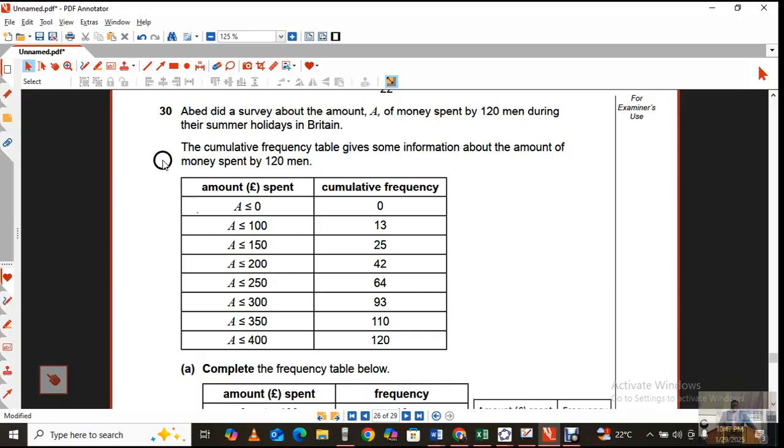Question 30. Abed did a survey about the amount A of money spent by 120 men during their summer holidays in Britain. The accumulator frequency table gives some information about the amount of money spent by 120 men. Complete the frequency table below.